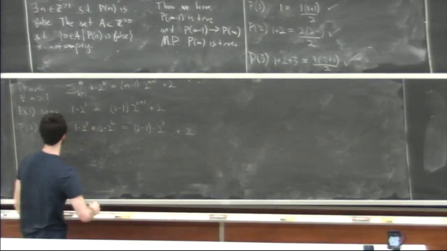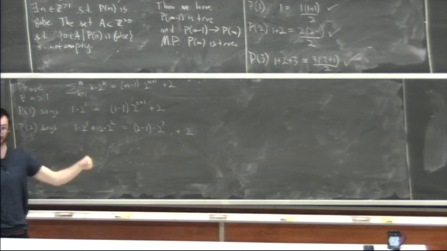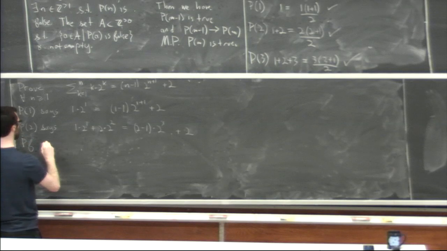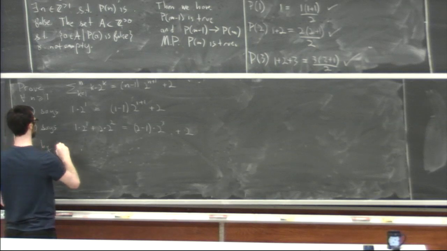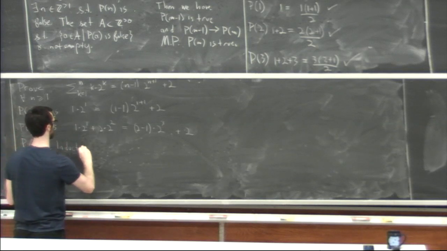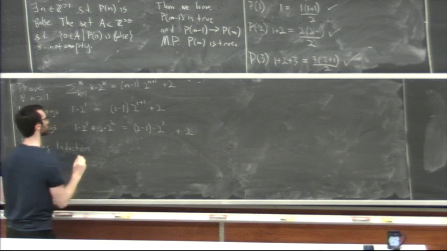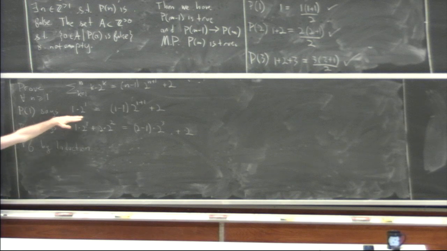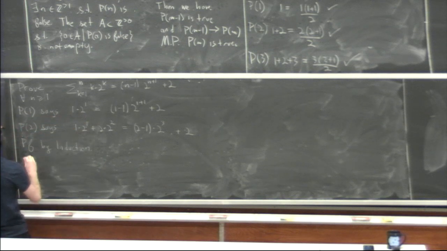Okay, so now after doing this scratch work, I'm going to do the proof. Proof by induction. I'm going to choose a suitable base case. And here, once again, a very suitable and reasonable base case is P of 1.